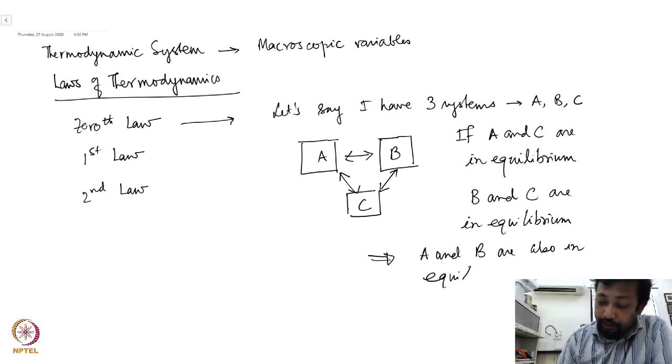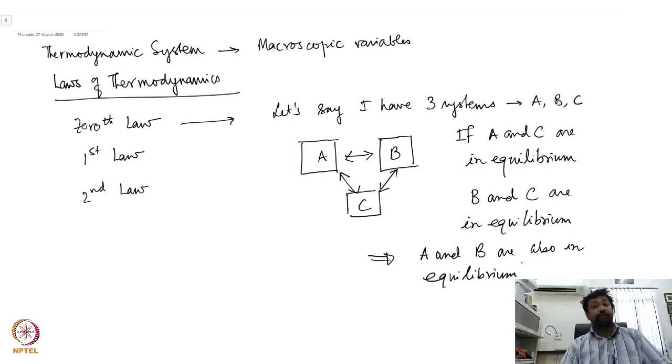When I say equilibrium, this essentially means that there's a joint equilibrium between these two. Later on we will clarify what we mean by an equilibrium. For a thermodynamic system, you understand that there are so many macroscopic variables. Equilibrium would necessarily mean that there is a mechanical equilibrium, a thermal equilibrium, as well as a chemical equilibrium.